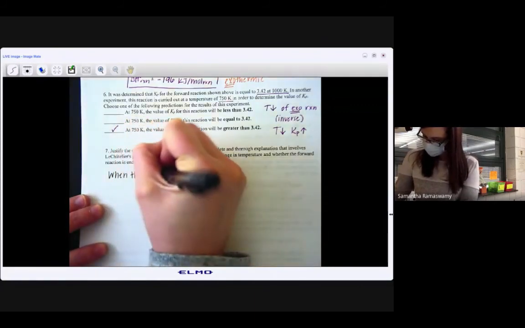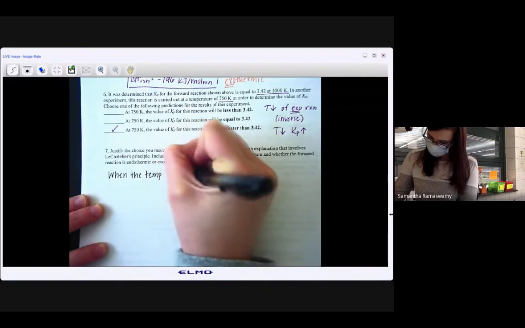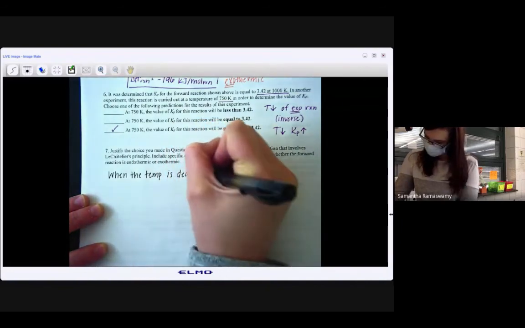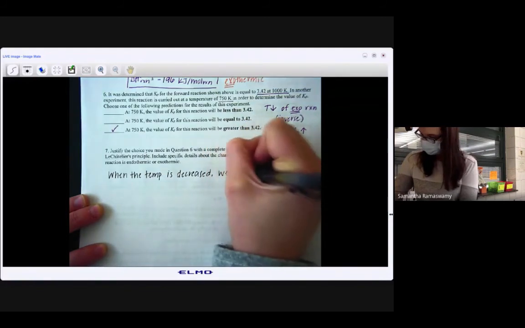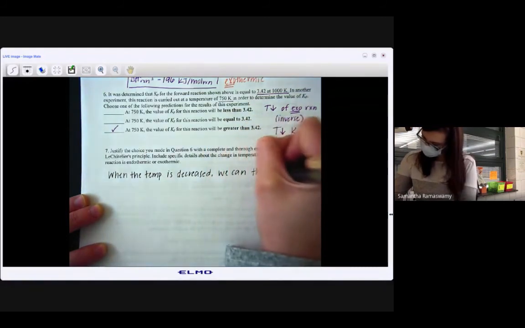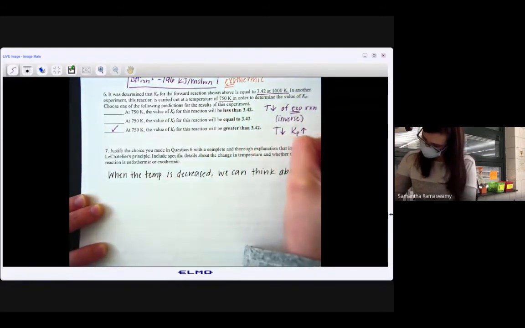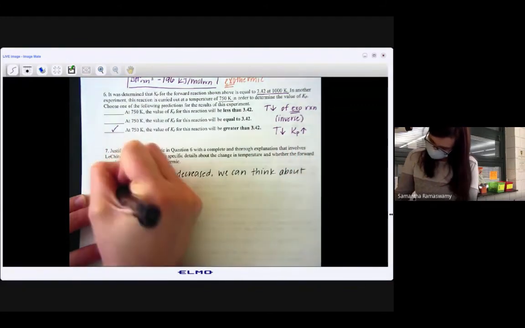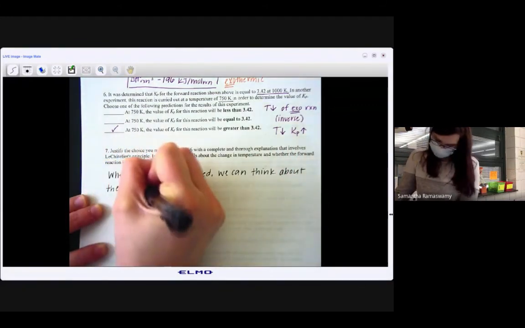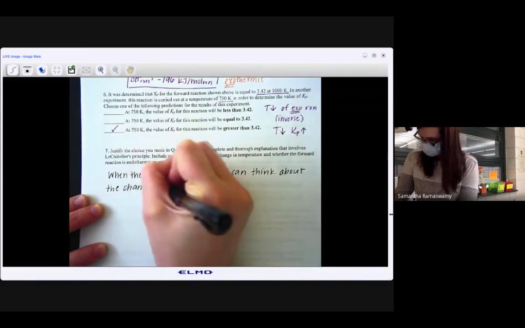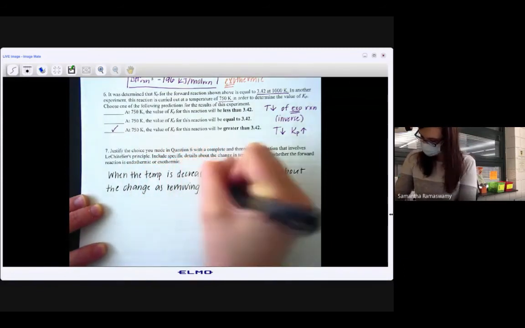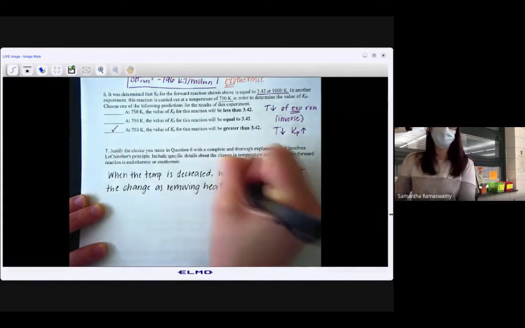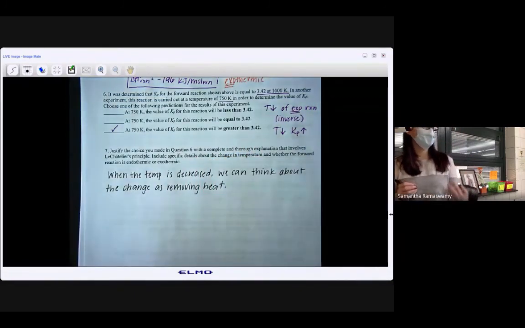When the temperature is decreased, we can think about the change as removing heat. So we're decreasing the temperature, so we think about it as removing heat.